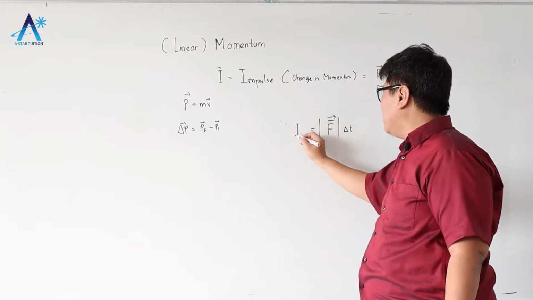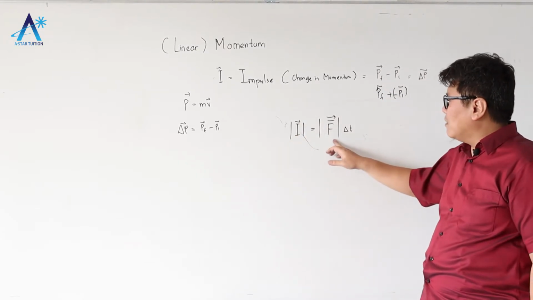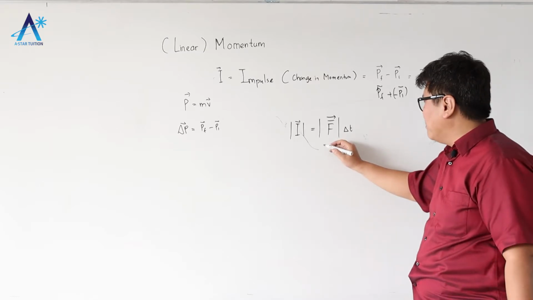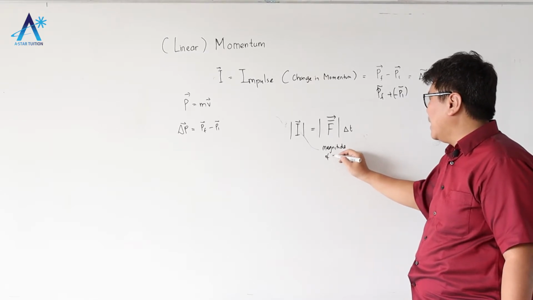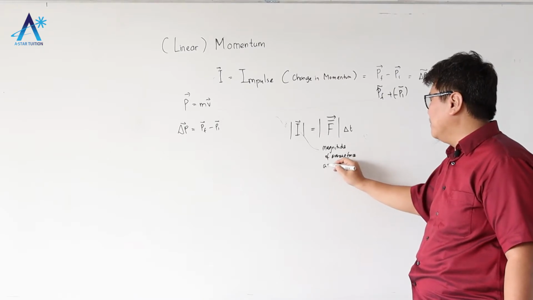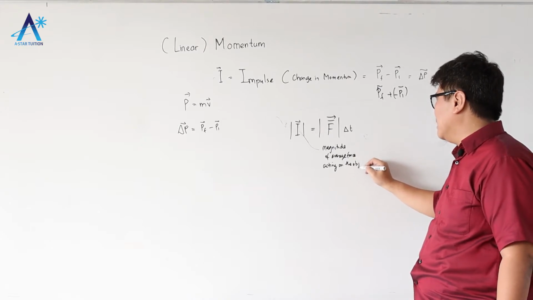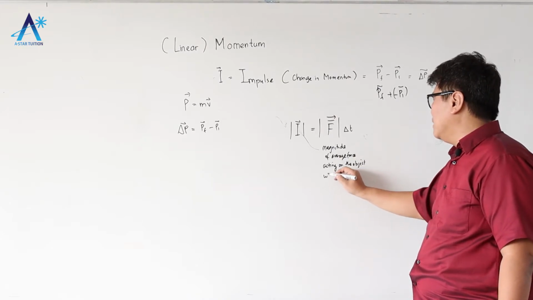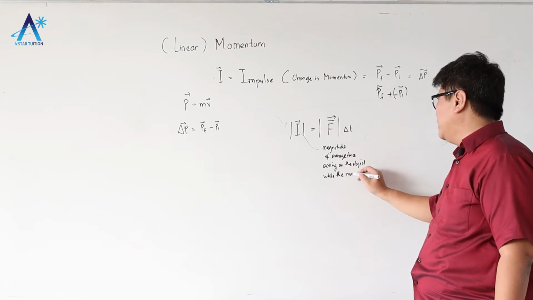Then the magnitude of impulse is simply the magnitude of the average force acting on the object while the momentum changes, multiplied by that time.